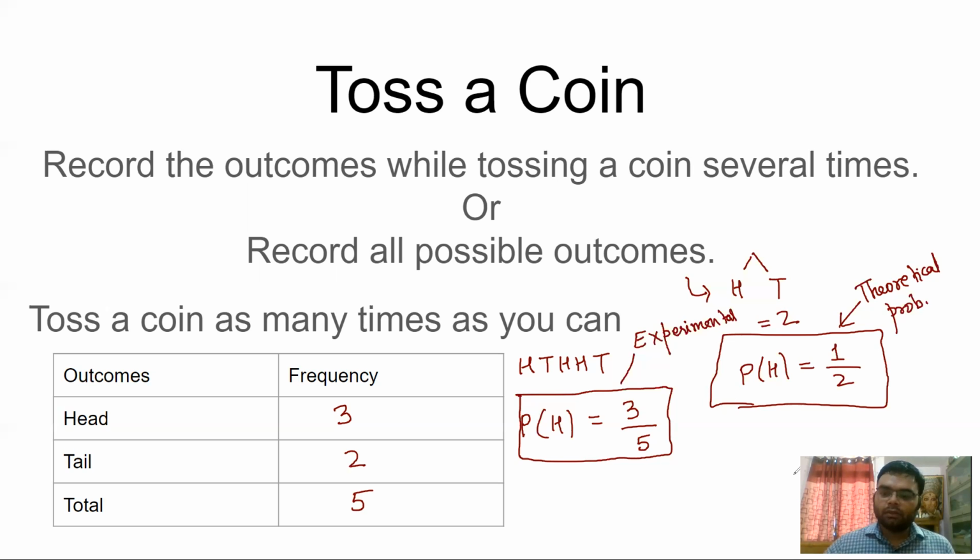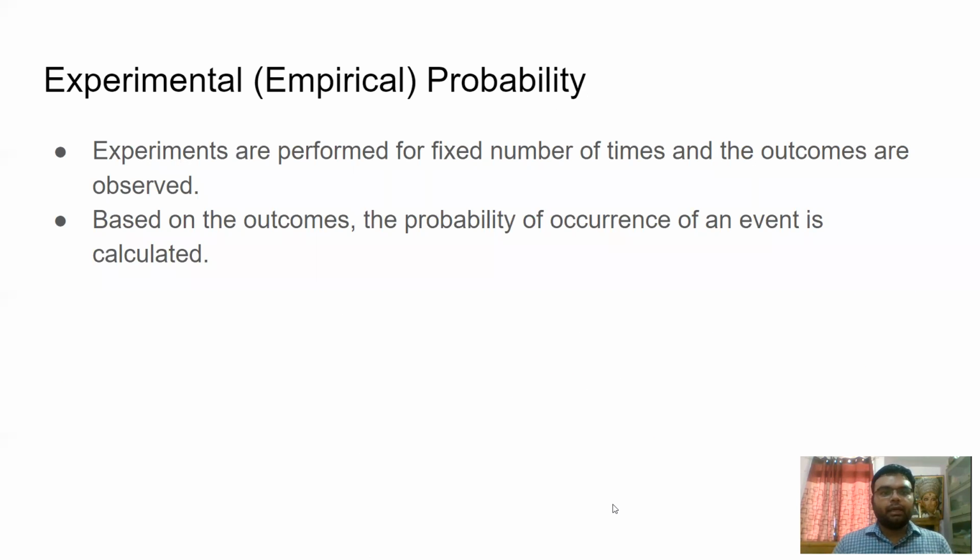Okay, so let us look at the proper definition of these two. Experimental probability is also called the empirical probability. Experiments are performed for a fixed number of times and the outcomes are observed. Based on those outcomes, the probability of occurrence of an event is calculated.